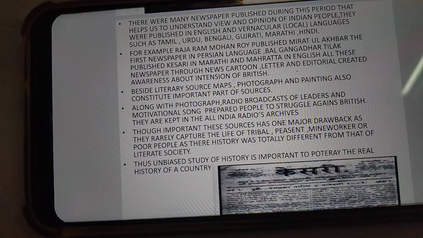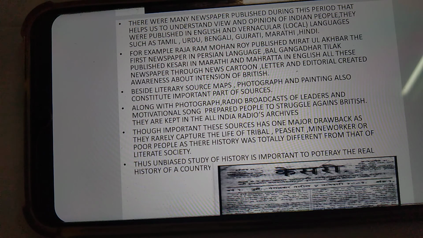Though important, these sources have one major drawback as they rarely capture the life of tribal peasants, mine workers, or poor people, as their history was totally different from the liberal society.